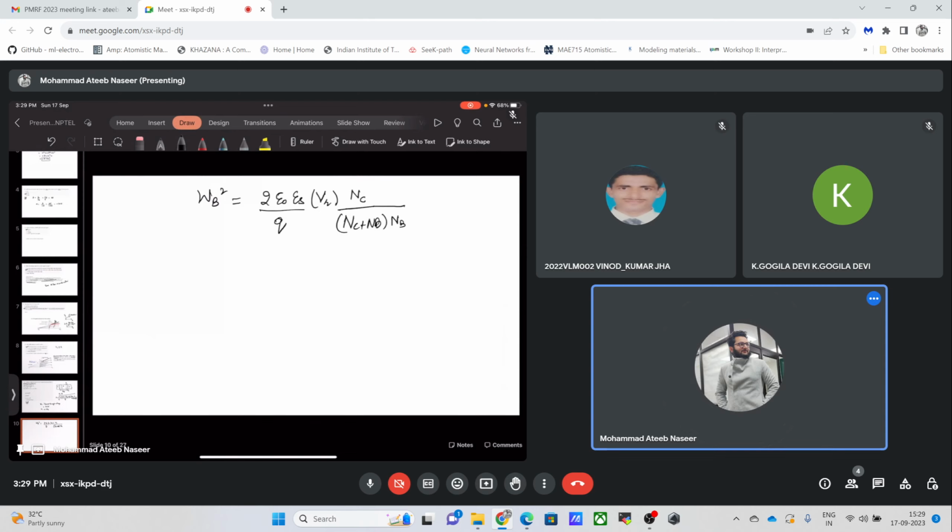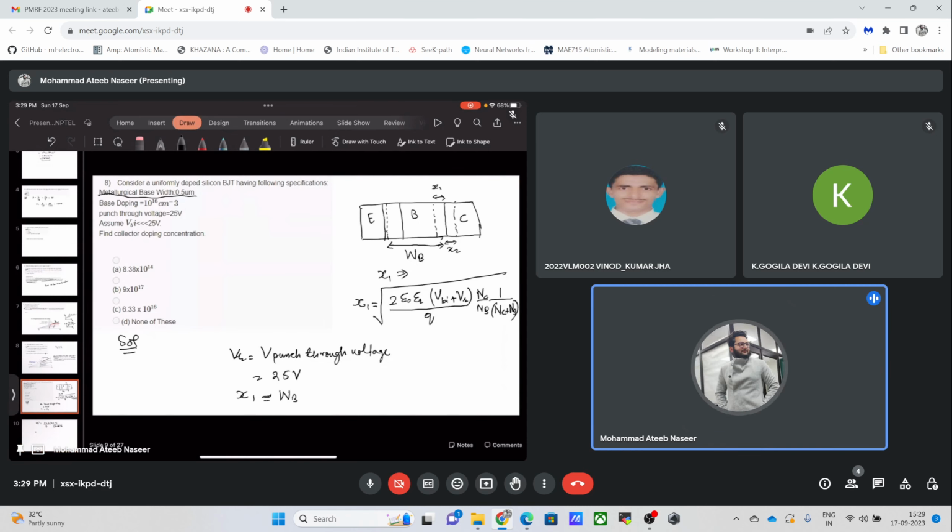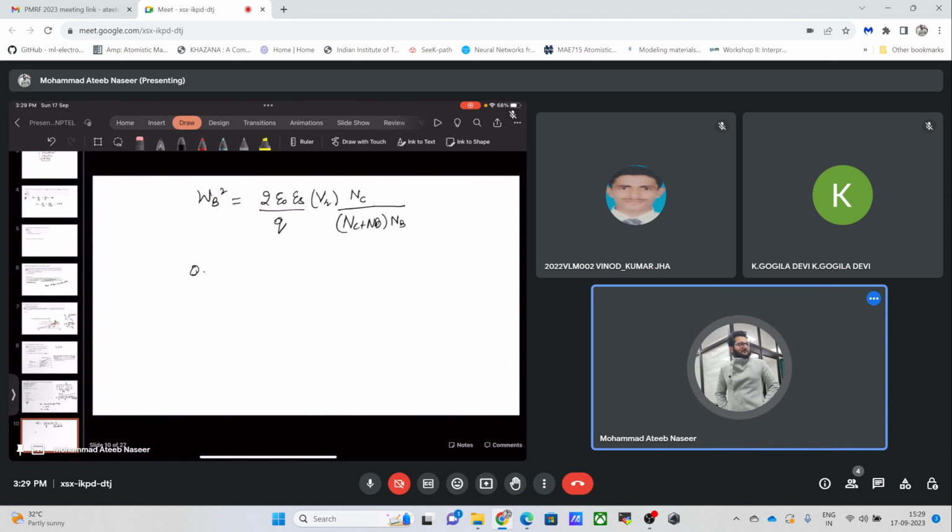So NC is simply equal to WB square. WB is 0.5 micrometer, which is 0.5 into 10 raised to the power minus 6 meter, or you can use centimeters: 0.5 into 10 to the power of minus 4 centimeter. We need to square this.